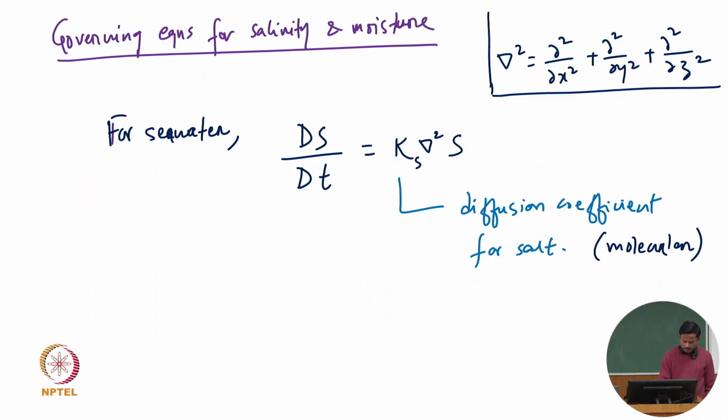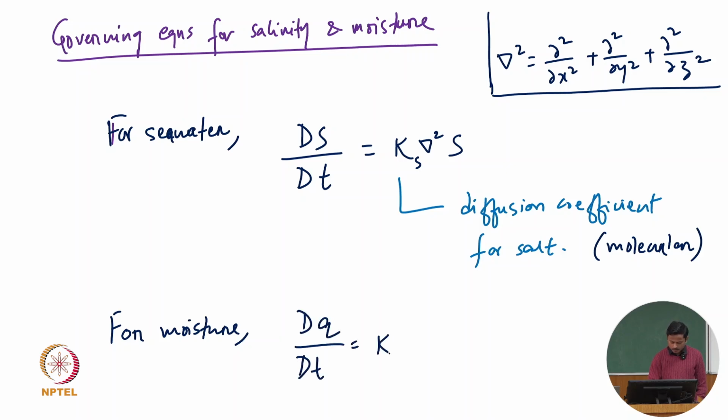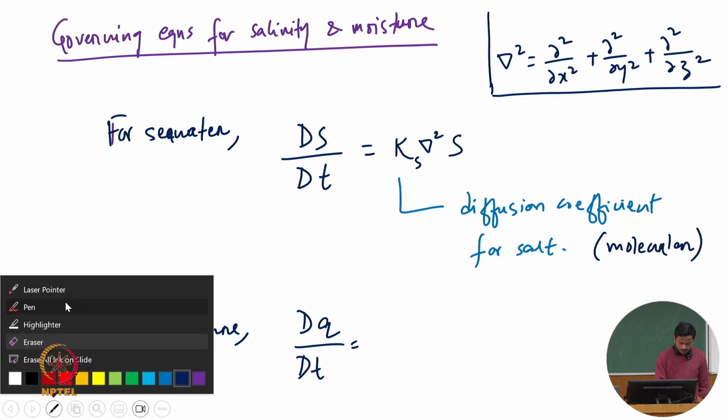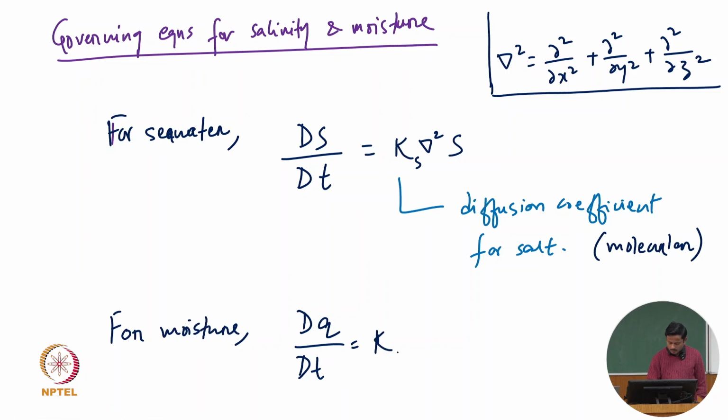So for moisture also, we can write a similar diffusion equation. So here again this is kappa, this is not K. This is how we can also write down the diffusion equation for moisture, but this has a slight complication.